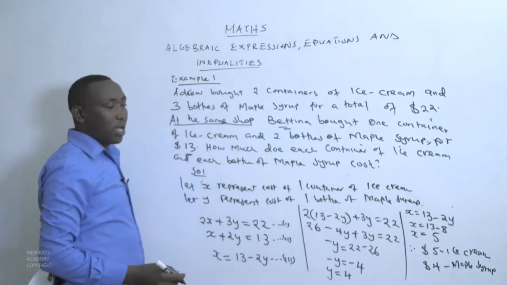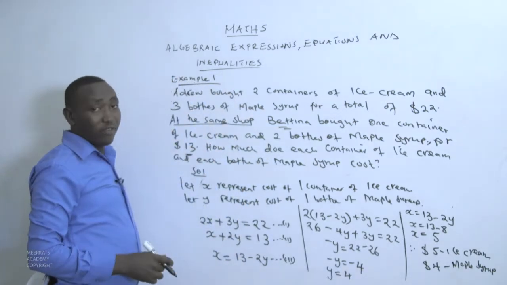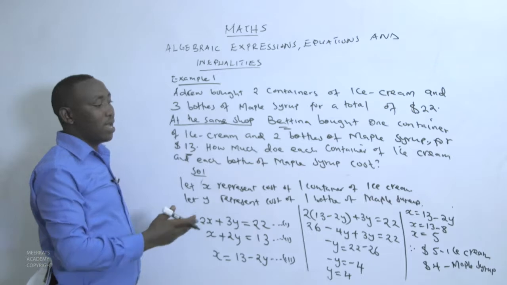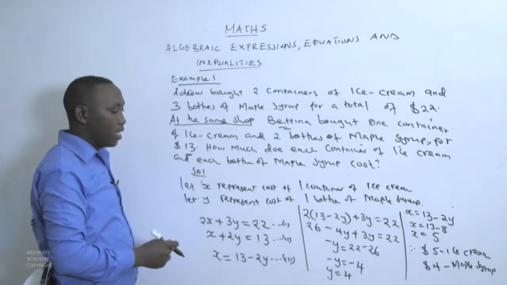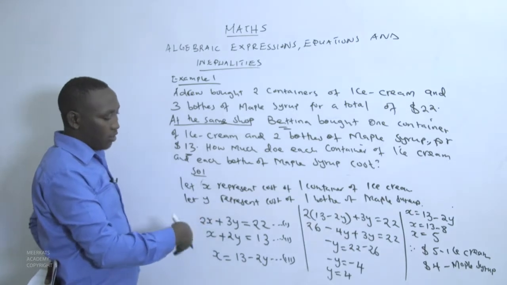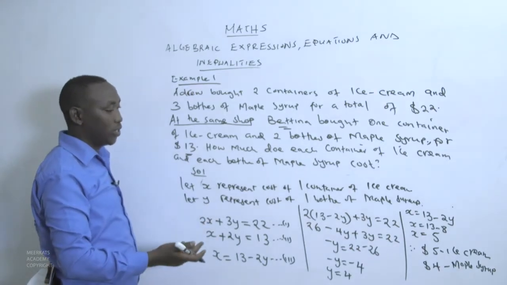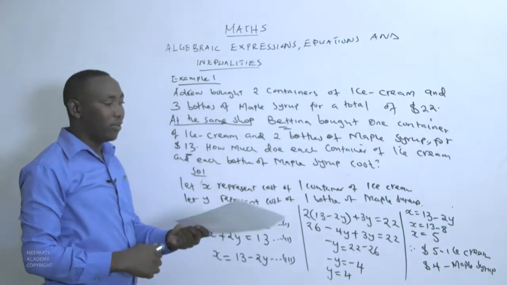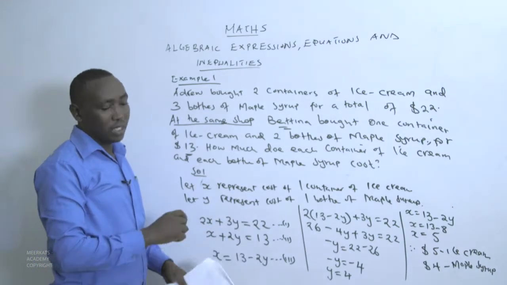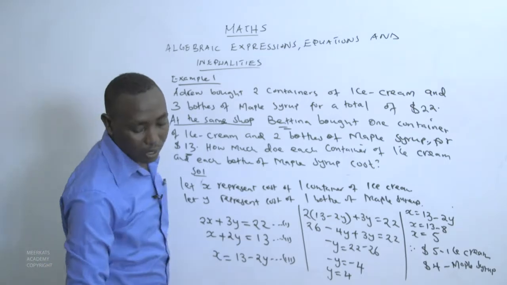Step 4 or step 5 is also very important. That is checking whether 4 and 5 are going to satisfy the equations that you had formed. We can just check very fast if it satisfies the first equation.